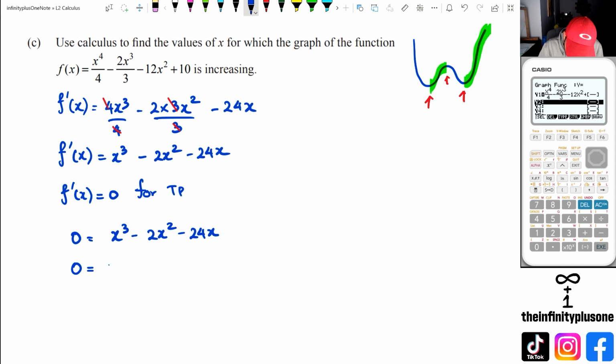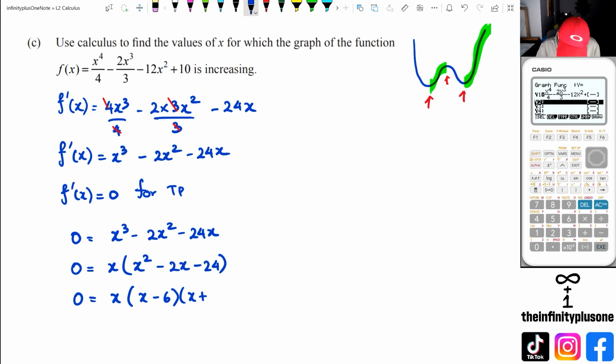I'm going to factorize the x first. Take out the x, so I'm going to get x squared minus 2x minus 24. Now I've got to factorize this, which is going to become x minus 6 and x plus 4.